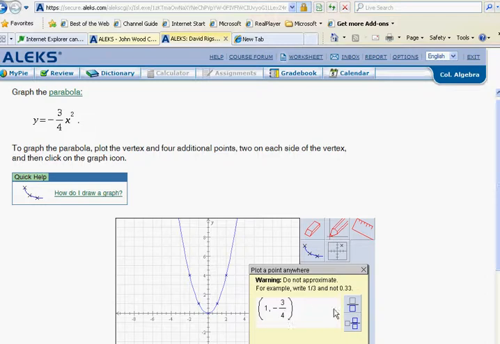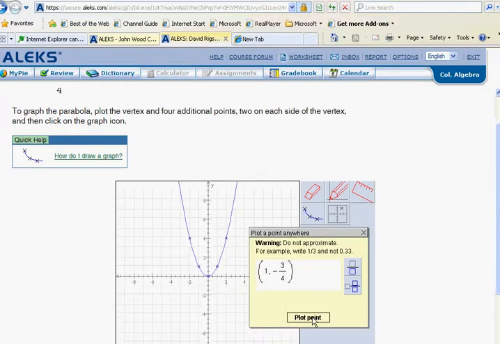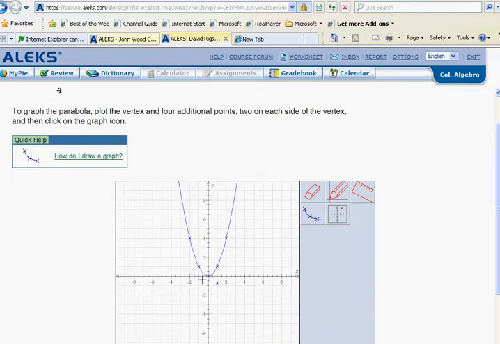A normal thing is over 2 and up 4, but we're not going to. We're going to go over 2, and then we're going to go down 3/4 of 4, in other words 3. So we're going to grab our pencil, go over 2 and down 3, right to there. Of course, there's going to be exact symmetry points here on both sides, so we're going to go left 1, down 3/4. So I might have to plot that here.